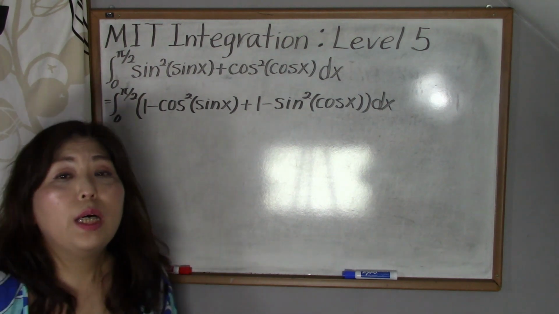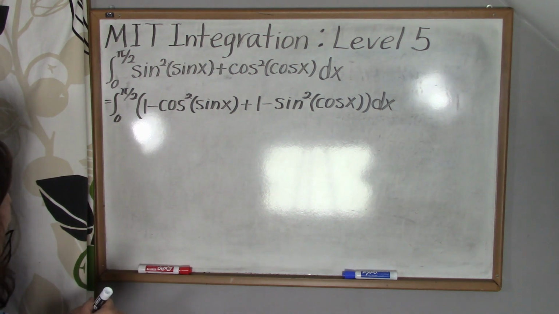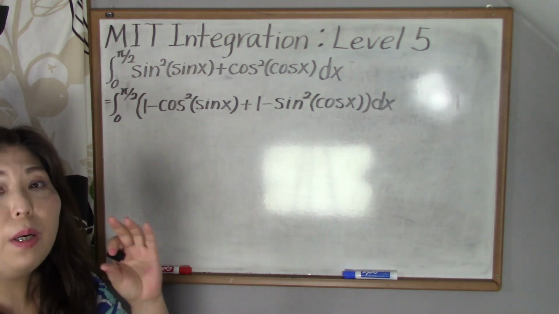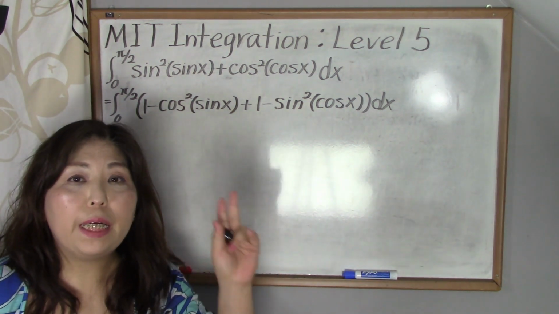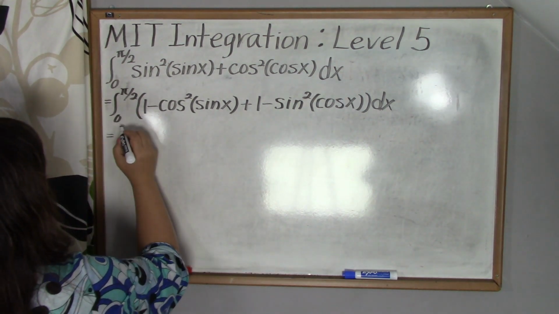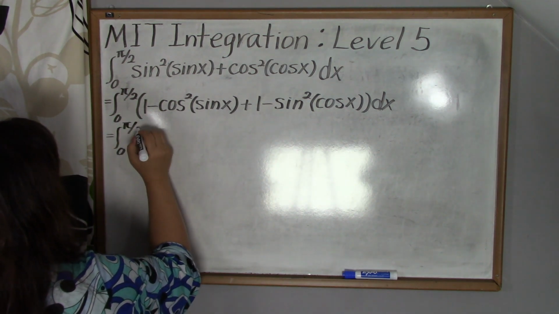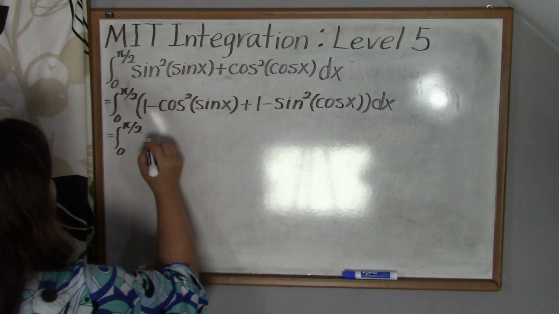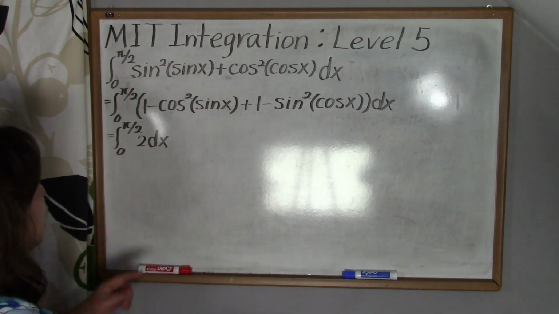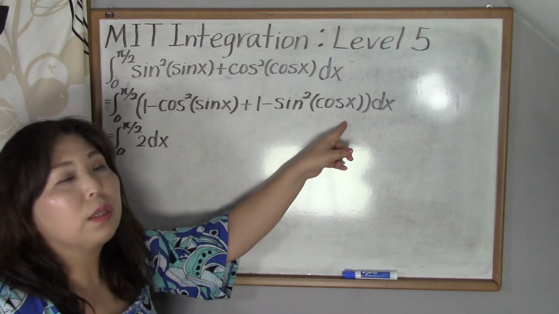So this is the point. Next, we have to organize this expression. I want to make two separate integrals. So it is equal to the integral from 0 to pi over 2 of 1 plus 1, which is 2, times dx. And next, negative cosine squared of sine of x and minus sine squared of cosine of x.